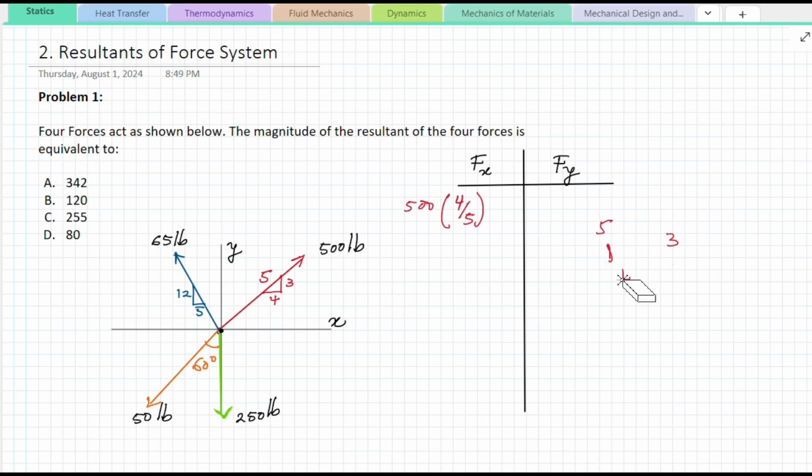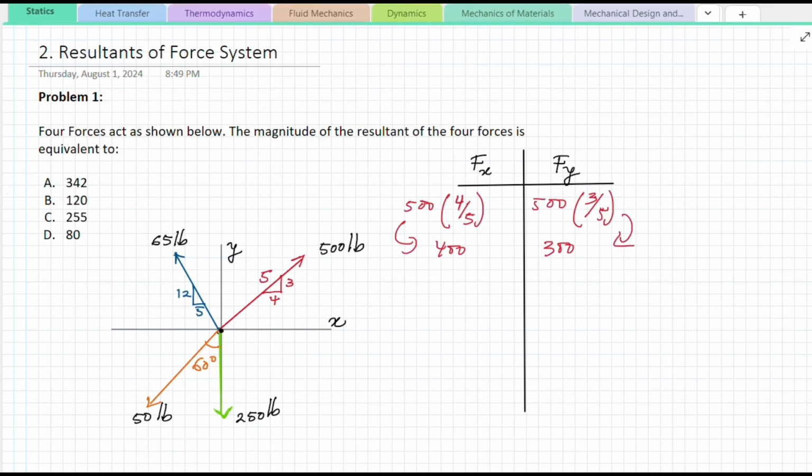For the y component, we'll have 500 times the opposite side, which is 3, over the hypotenuse, which is 5. When we plug these values into the calculator, that gives us 400 for the x component, and 300 pounds for the y component.